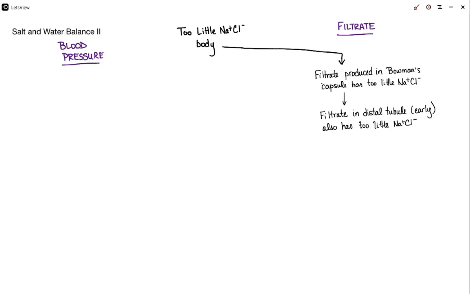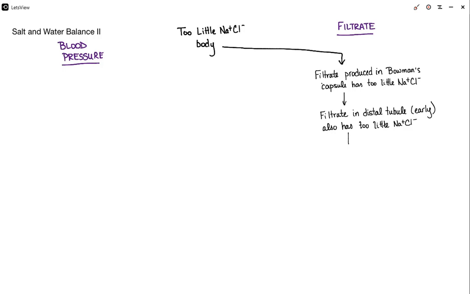Now this is important because sodium and chloride are actually directly measured in special sensor cells that exist in the early part of the distal tubule, where the distal tubule crosses the afferent and the efferent arteriole in what is known as the juxtaglomerular apparatus.